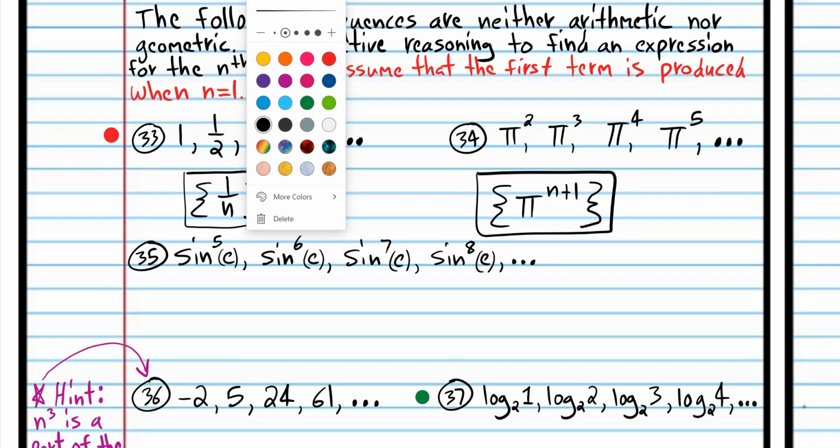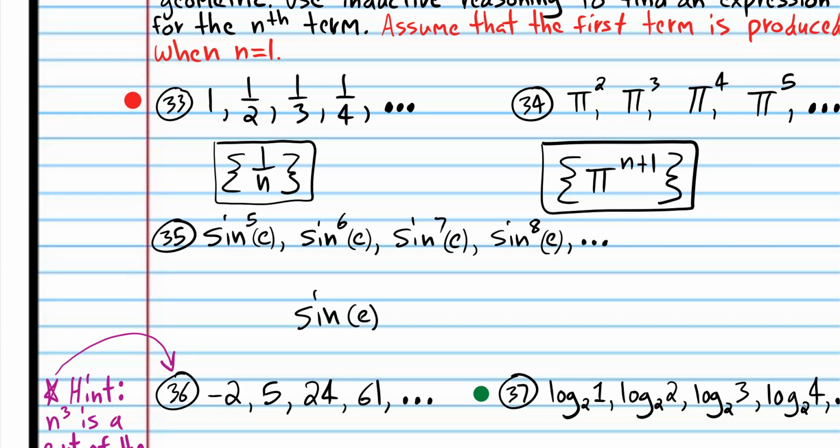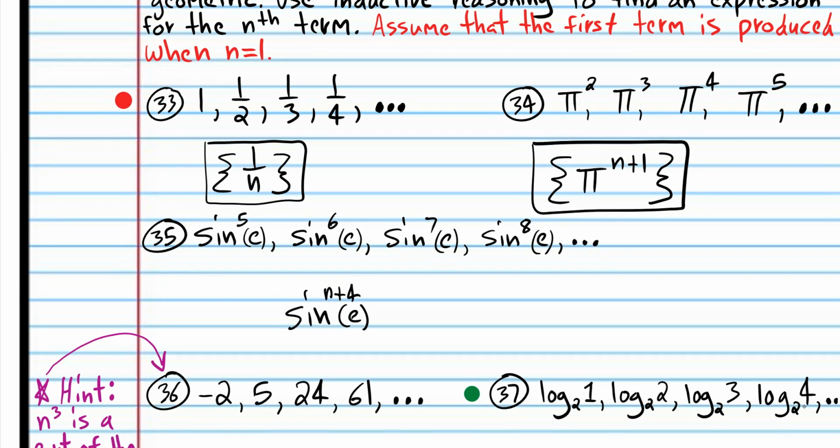So let's try number 35. 35 is pretty much the same type of problem, but we're starting at 5, so we have to write n plus 4 in our exponent. So if you plug in 1 for n to get the first term, then you get 5.